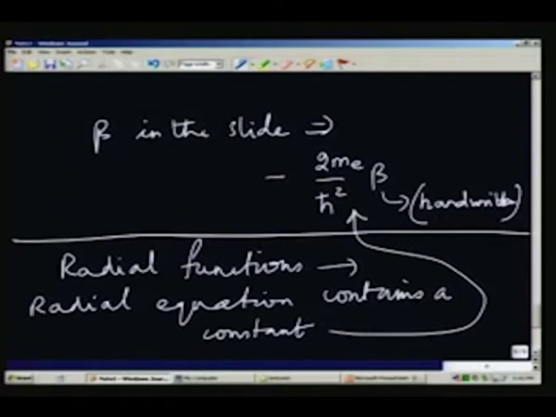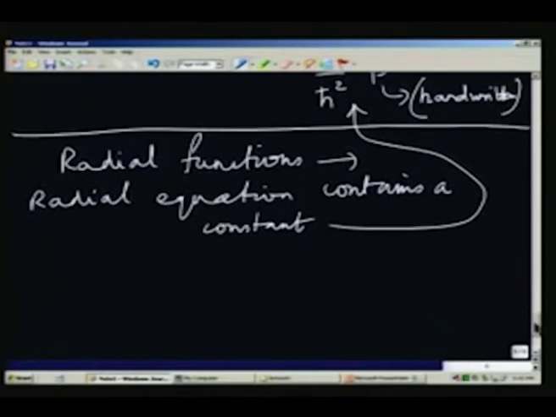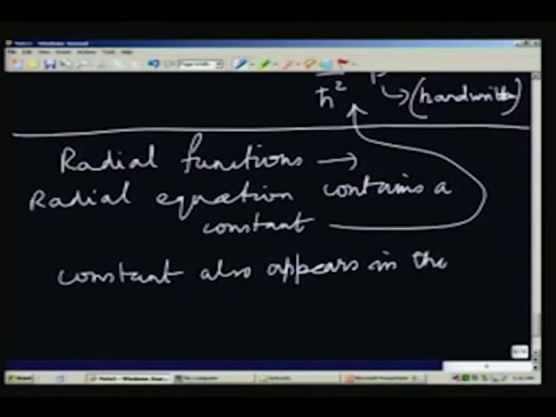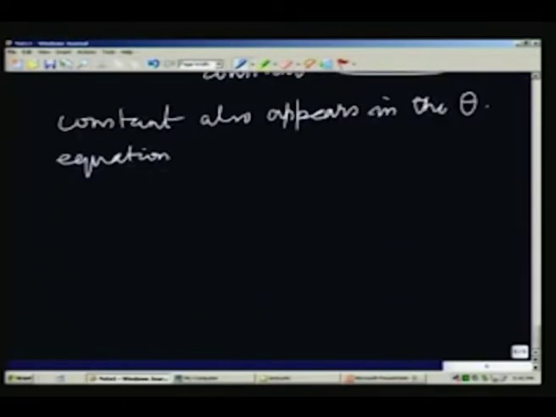This constant is of course related to the theta equation, and the constant also appears in the theta equation. Let us look at the solution for the theta phi equation.